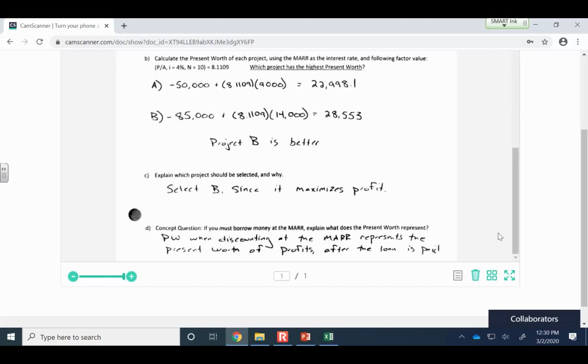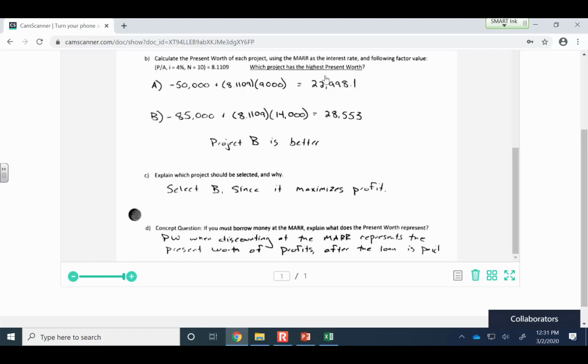And the question is, when we did these hand calculations of 23,000 for option A, 28,000 for option B, what is that amount? You can see that what I've written there is that if you're discounting at the MAR, then this is the present worth of the profit that you get to keep when the loan and the interest for the loan has already been taken care of.